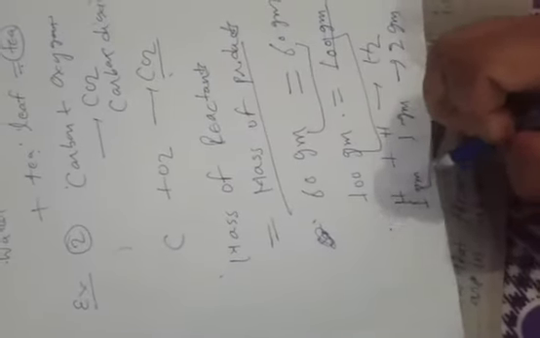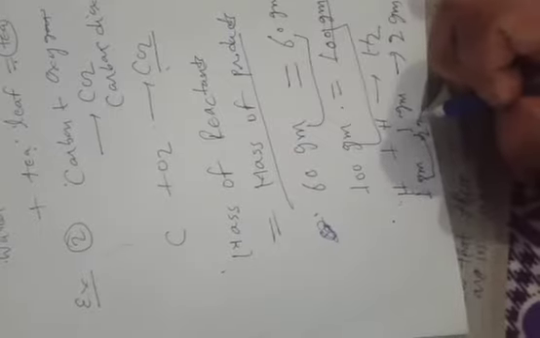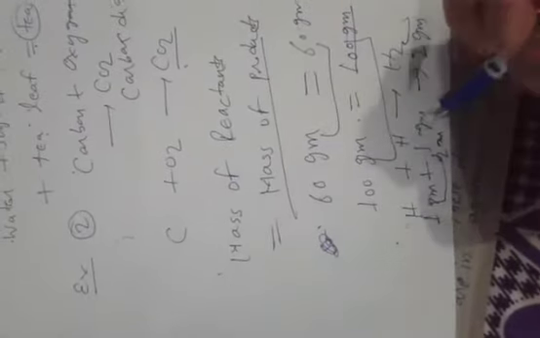After the reaction, 2 gram of H2 is formed. In this case, 2 gram of reactant is used, and after the reaction 2 gram of H2 is formed. This is the law of conservation of mass.